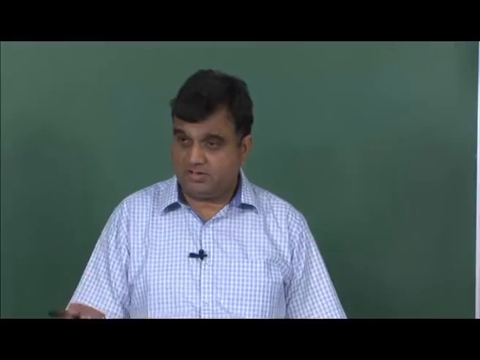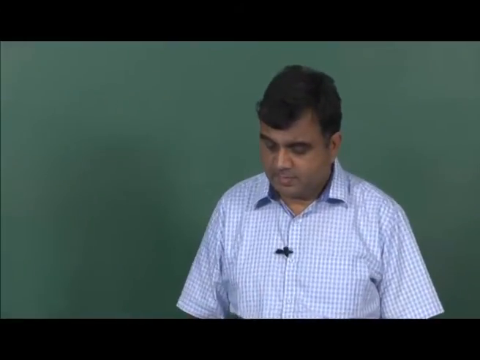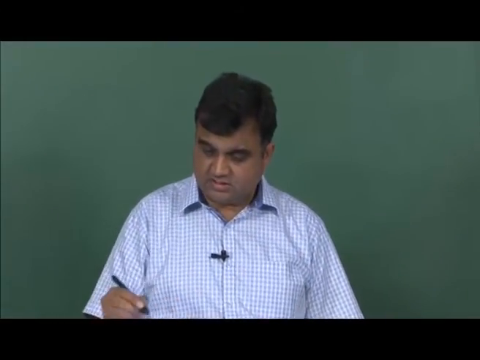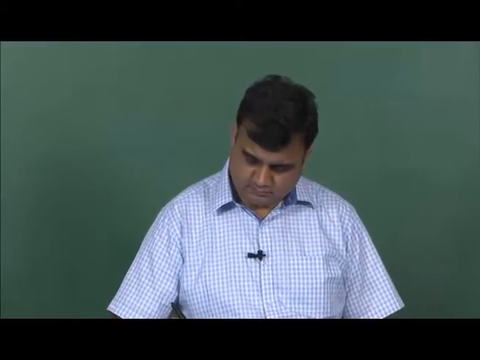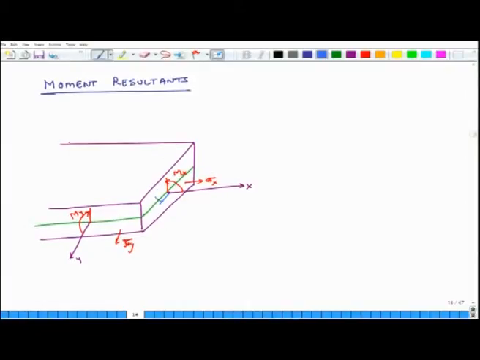If it is not uniform, then my will be non-zero. And then there is a twisting component. The twisting component will look something like this. This is mxy, and similarly here it is like this, mxy.